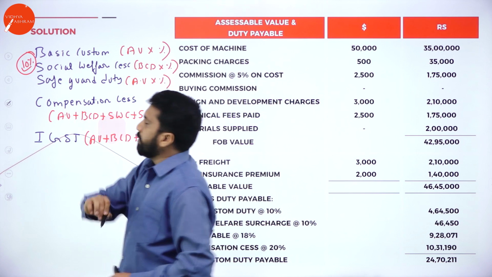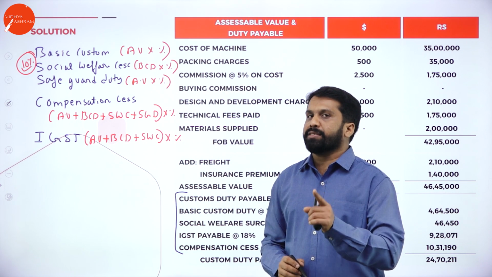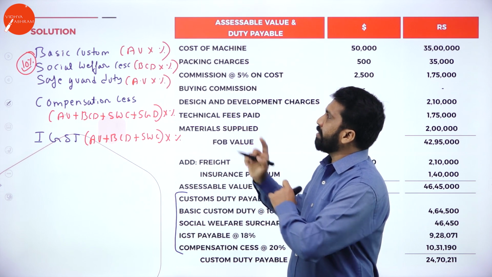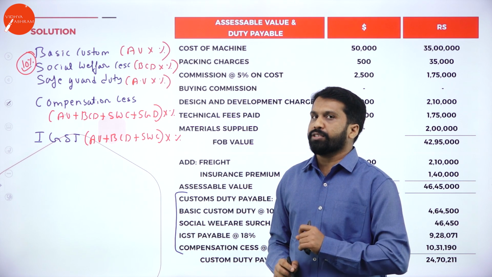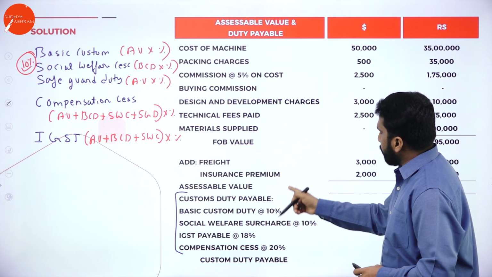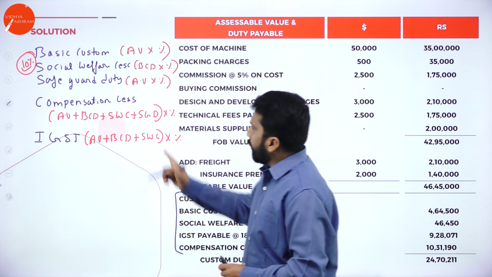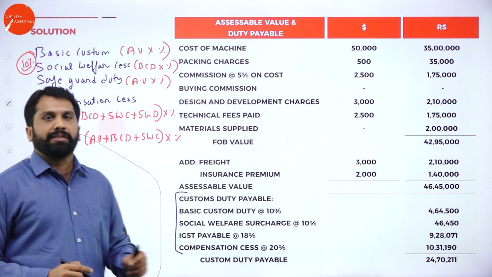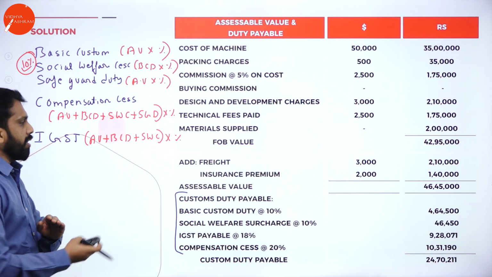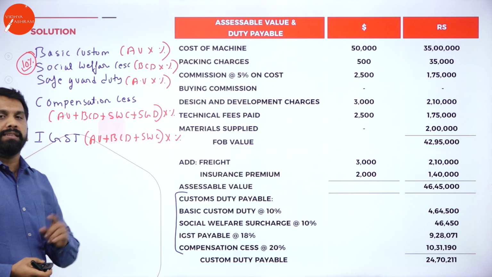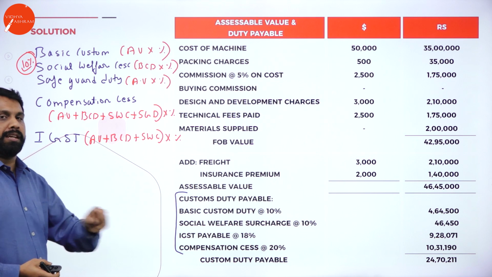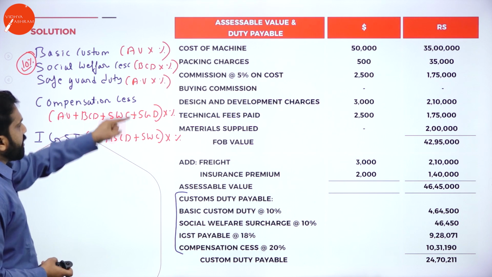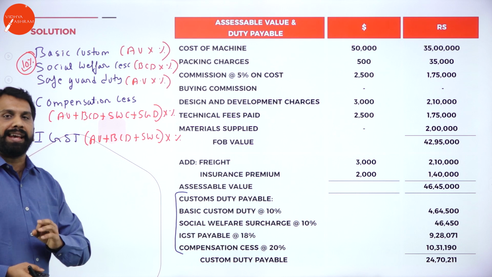You have to consider 10% on social welfare cess. Hope you understood. Whatever calculation I have done, apply this formula. My suggestion: take a screenshot of this. For every problem, apply this format to do your calculation.